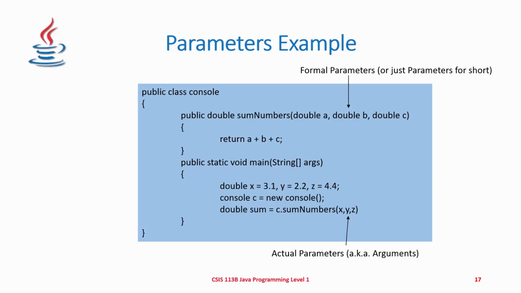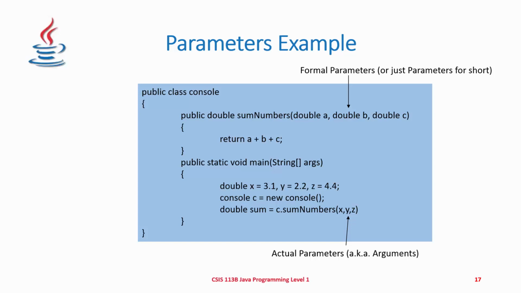Notice in the signature that it's identified as both public and double. So double means it's going to return a value of double type. And then in the parentheses for the declaration, we're identifying three different formal parameters that declare what types will be accepted. So in this case here, we're going to have three different doubles.